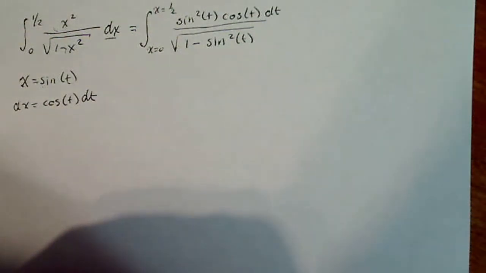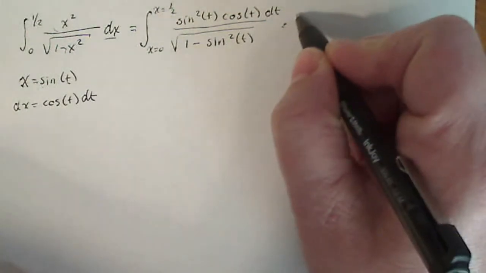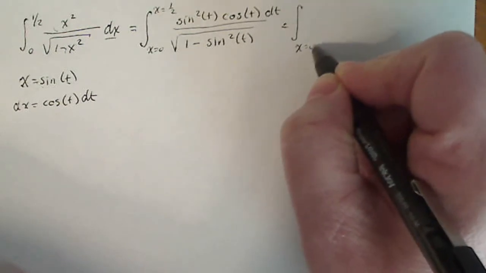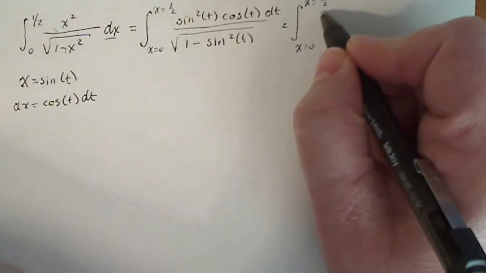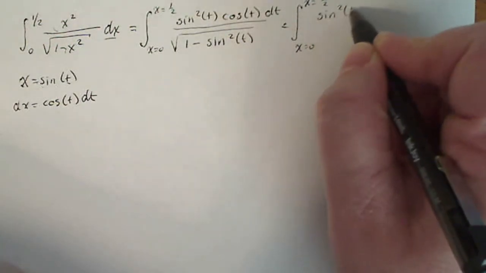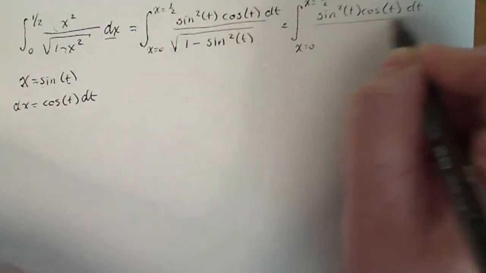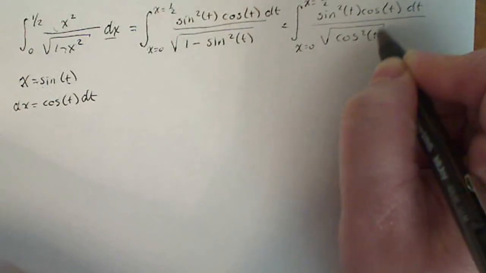So now I just simplify for a little bit to make it easier. I mean, that's what we all want, right? So x equals 0 to x equals 1/2. And in the numerator, I still have sine squared t cosine t dt. But at the bottom, that turns into the square root of cosine squared t by the Pythagorean identity.